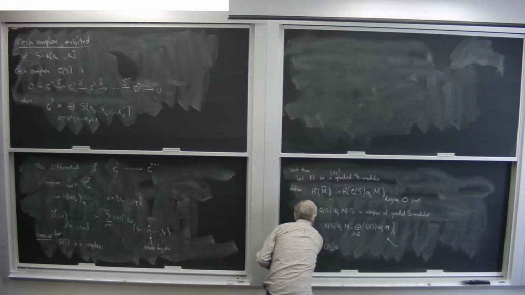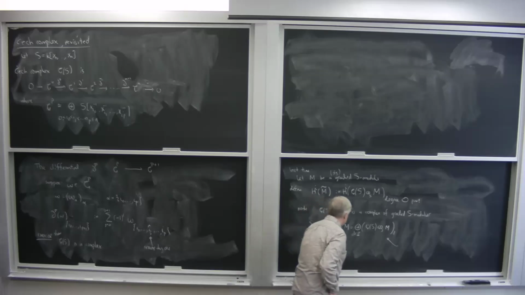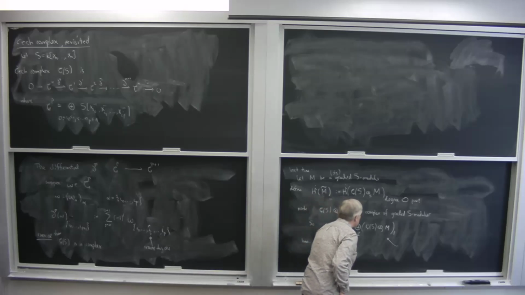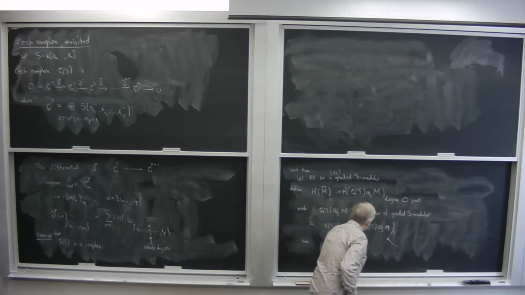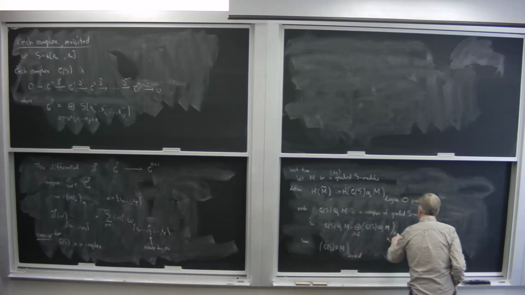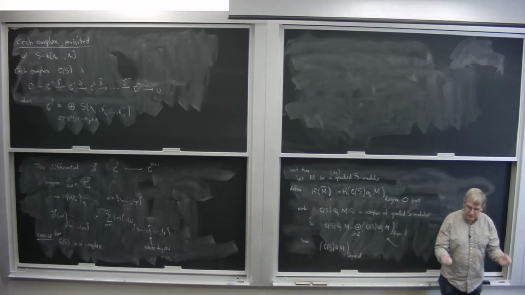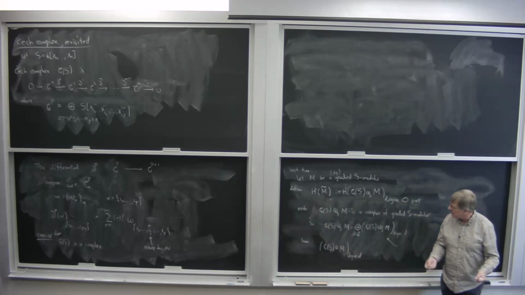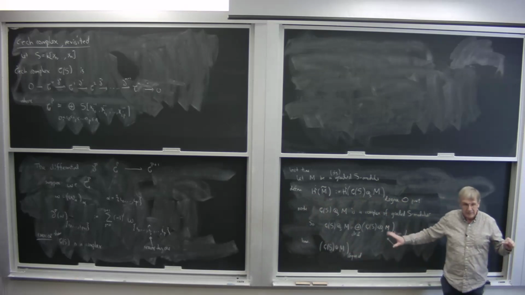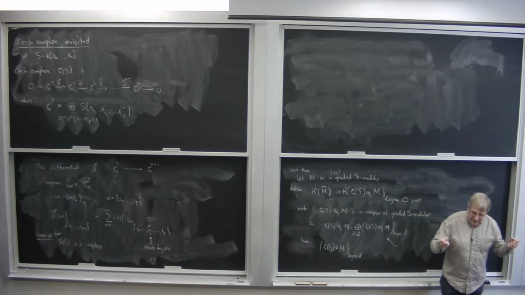We have that C of S tensor M in degree d. What kind of object is this? If I take a sub degree d, it is a complex. Is it a complex of S modules, of K vector spaces? What is it?